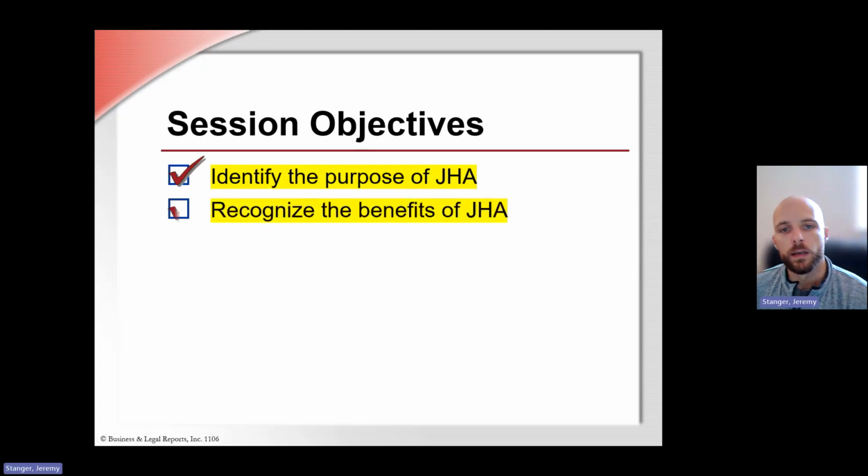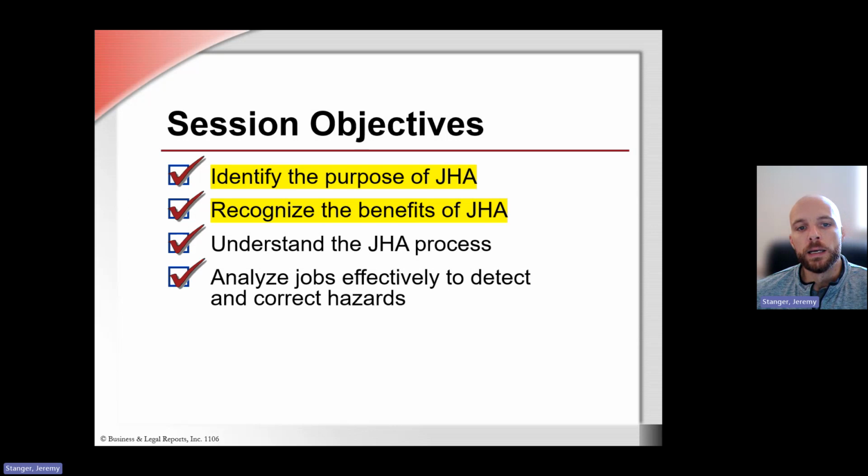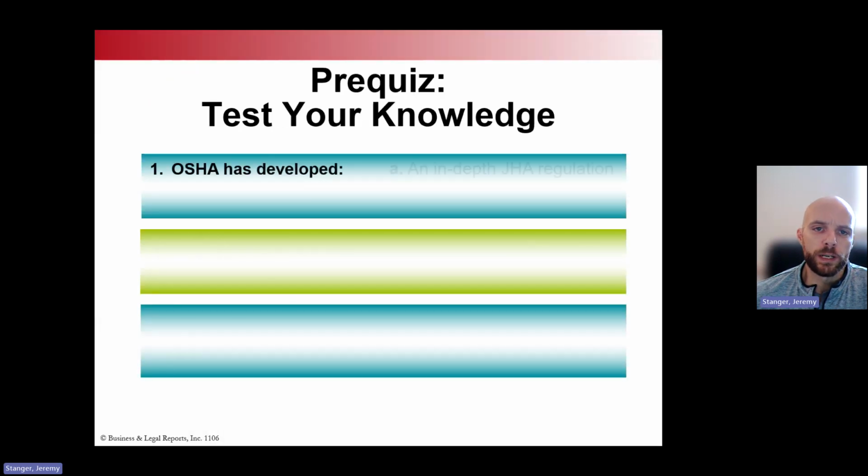We're going to identify the purpose of a JHA, recognize the benefits of a JHA. Maybe we'll get into a little bit of understanding the process as we go forward, but I'm going to cut this short and kind of cut this down a little bit and then analyze jobs, effectively to detect and corrective actions. So, again, that would be something we'll later do.